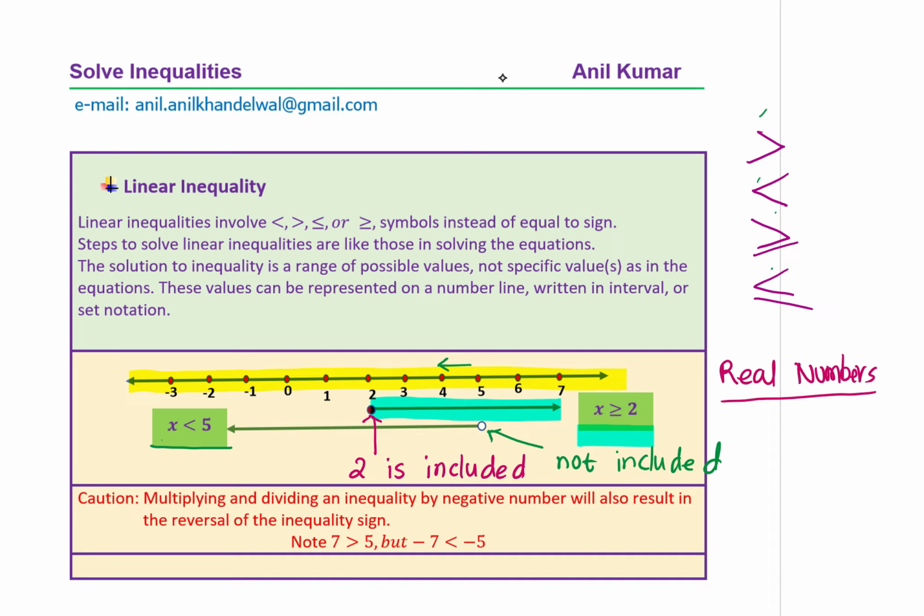In solving inequalities and equations, we'll see one major difference. As you can see from here, we have infinite solutions, right? When I say x is greater than or equal to 2, it means there are infinite numbers, so many real numbers, which are greater than or equal to 2. So there are infinite solutions for inequalities. We could have inequalities with no solution also, correct?